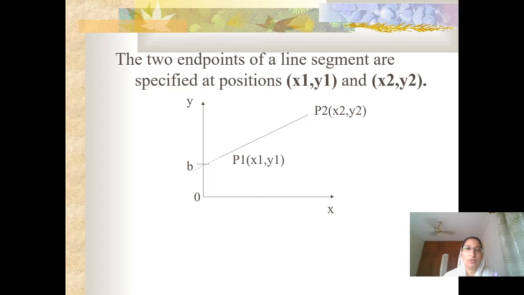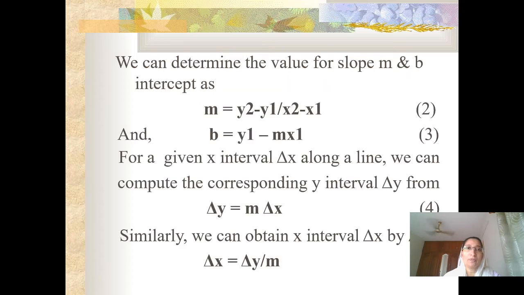The two endpoints of a line segment are given in the figure, that is x1, y1 and x2, y2, given by p1 and p2. We can determine the value for slope m and y-intercept b as given in equation numbers 2 and 3. That is, the slope is calculated using y2 minus y1 by x2 minus x1, and b can be calculated using y1 minus m x1, which we take from equation number 1.